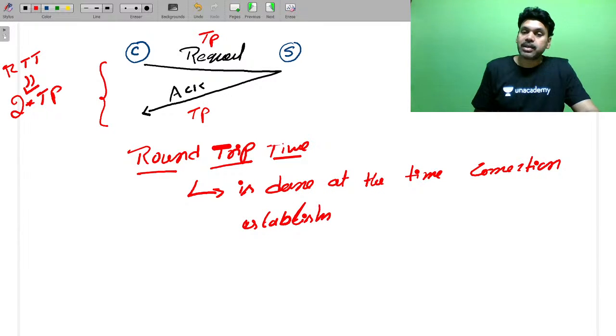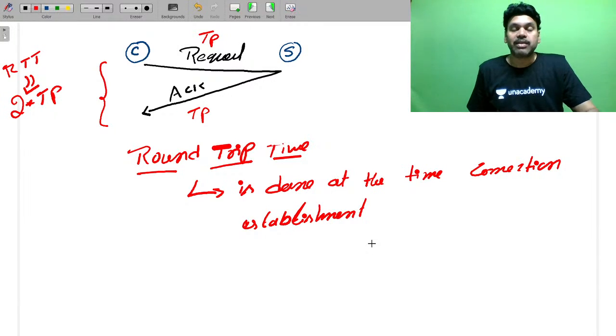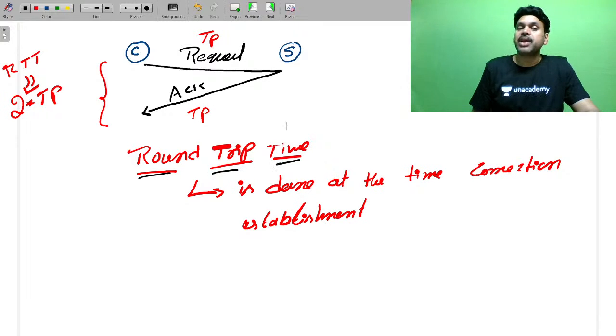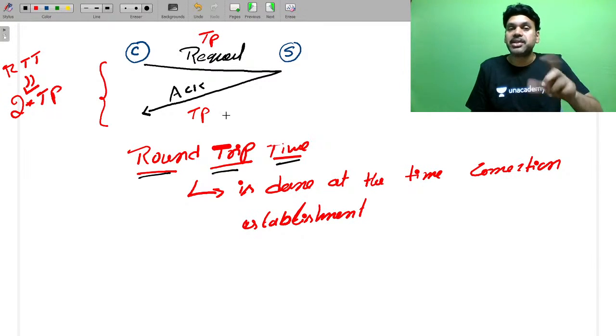We will see in the next lecture how to implement the three-way handshake protocol for connection establishment and connection closing. Right now we understand that at the time of establishing the connection, the RTT is measured.